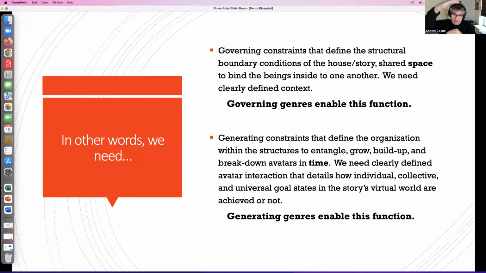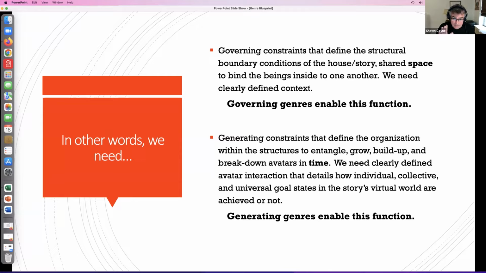When you have a constraint that governs a piston in a cylinder, and you fire heat underneath the cylinder piston such that it goes up, it's constrained, and then it can turn the drive shaft of your car. That's how engines work. So you need governing constraints and generating constraints to create a virtual engine. That's what a story is. It's a virtual engine.